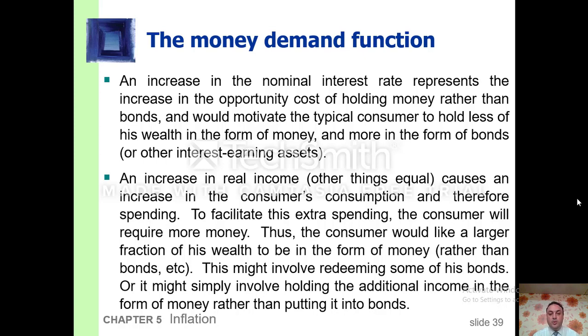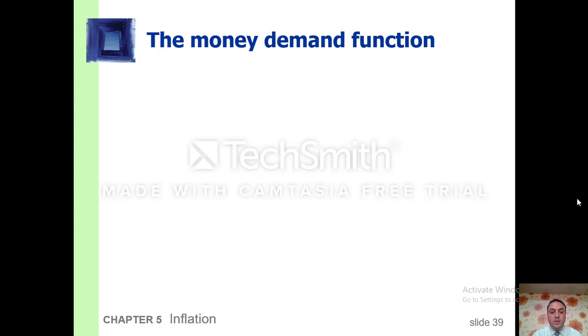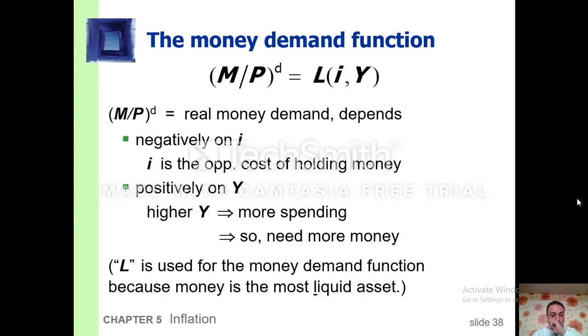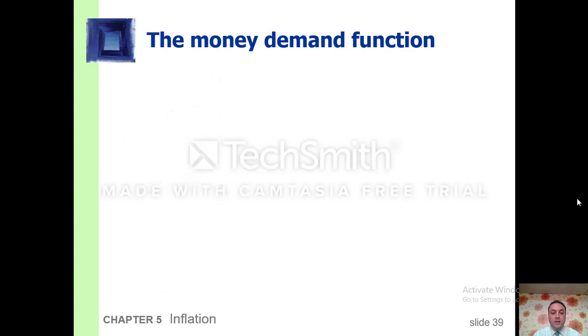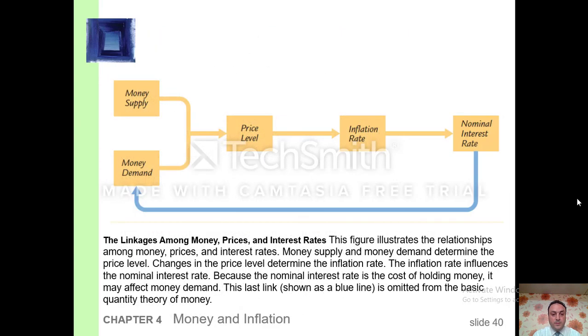So this is the relation between income and money demand, and between the interest rate and money demand: a negative relationship between the nominal interest rate and money demand, and a positive relationship between income and money demand.